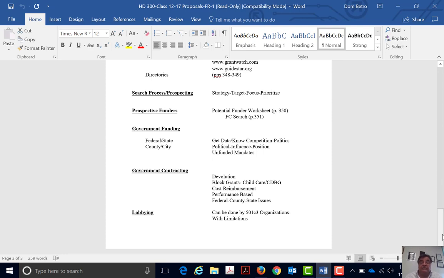All of these, when you're dealing with government contracting, involve federal, county, and state issues that you have to be aware of and connected to. And that's why we like to be advocates, we like to be at the table, we like to help write the grants themselves, and be on task forces and advisory boards to government.